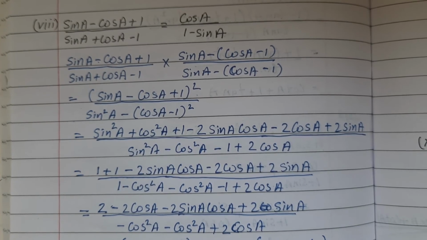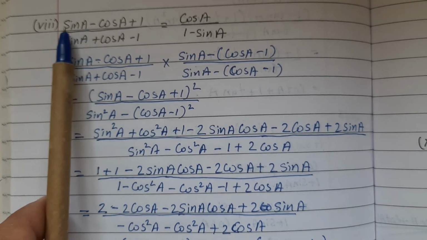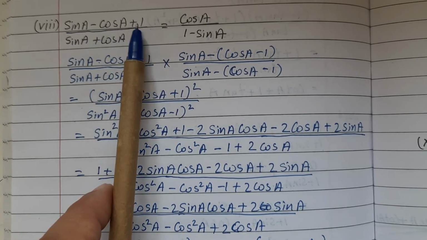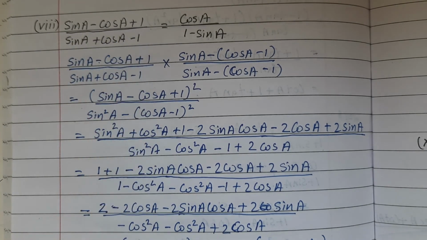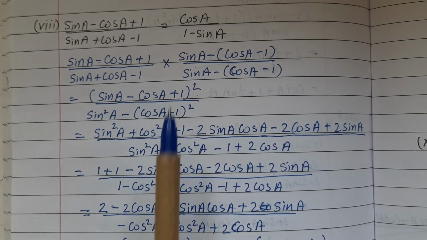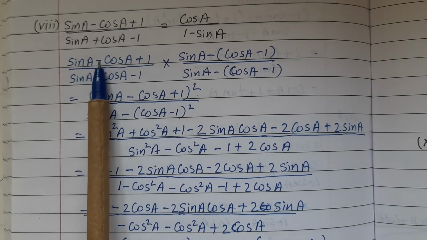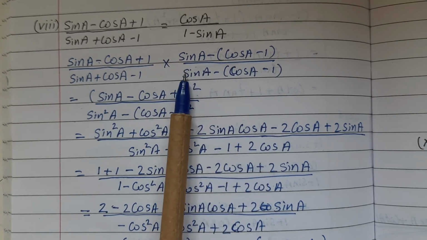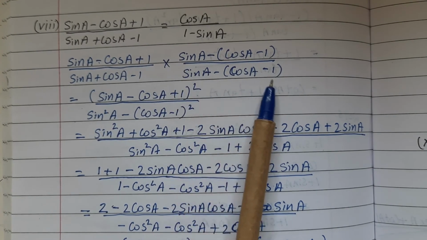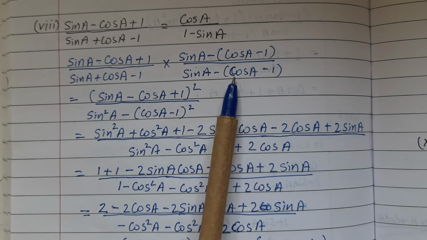Sum number part 8. Left hand side is sin a minus cos a plus 1 upon sin a plus cos a minus 1. Multiply and divide by sin a minus cos a plus 1 upon sin a minus cos a plus 1, the same term.